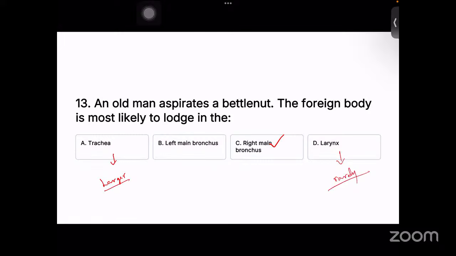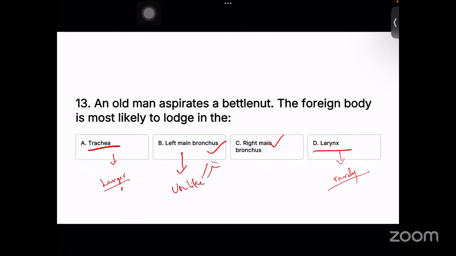So larynx is rare, and for the trachea the object has to be larger. So we got two options here: the left main bronchus and the right main bronchus. The left main bronchus is more angled compared to the right main bronchus, so the betel nut going into the left main bronchus is very, very unlikely.